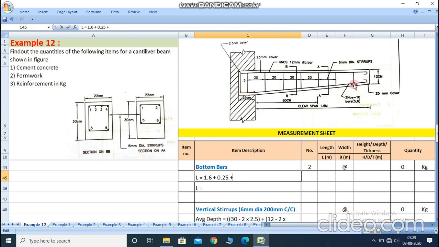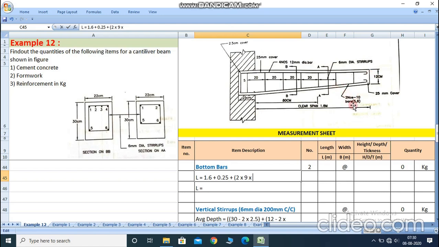Here starting and end, at both the sides hook is provided, so we write here 2 multiplied by 9 into diameter of the bar. So the bottom bar is provided as a 10 mm diameter bar. Here see this in this figure, two numbers of 10 mm diameter bar are provided.